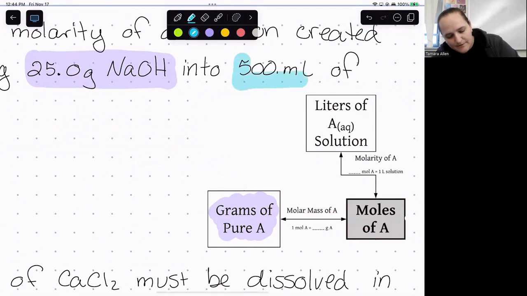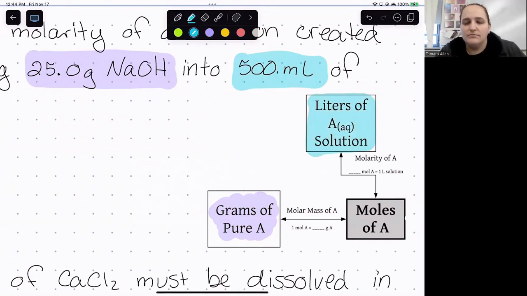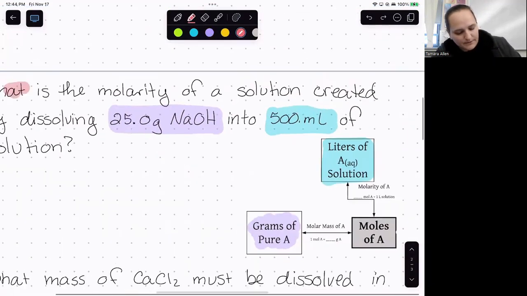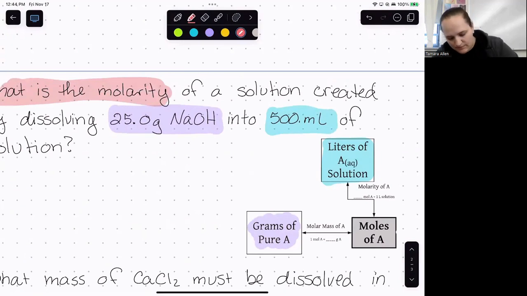We are told we have 500 milliliters of the solution that we are dealing with, and we are asked to calculate the molarity of that solution. So we are asked, what is the molarity of that solution?